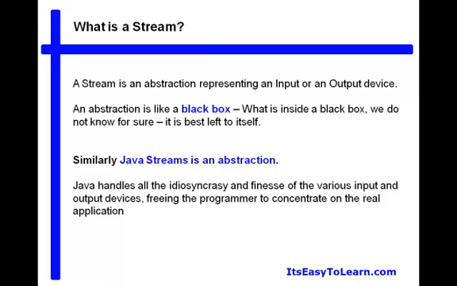It is a complexity which is hidden from us by the JVM. The stream sits in front of the device and you program to the stream. And this stream translates into the native call of the underlying operating system to interact with the input and output devices. This is how Java programs follow the paradigm write once, run anywhere.